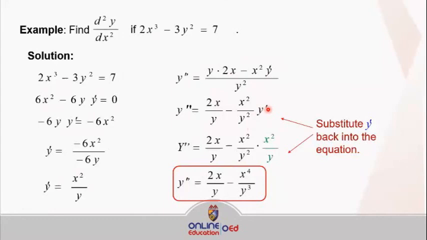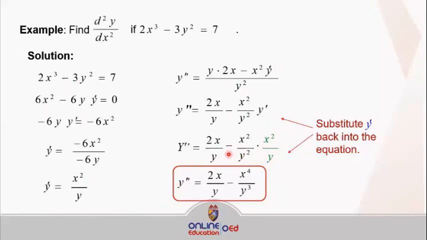And then substitution lang ng value ng y prime natin, which is the x squared over y. Therefore, we have here the value of 2x over y minus x squared over y squared times yung value ng y prime natin na x squared over y.